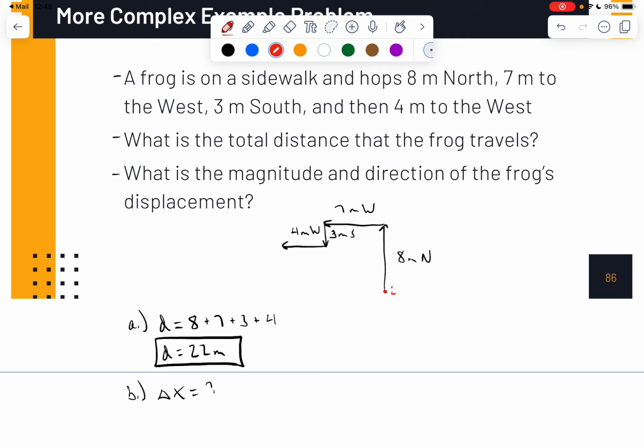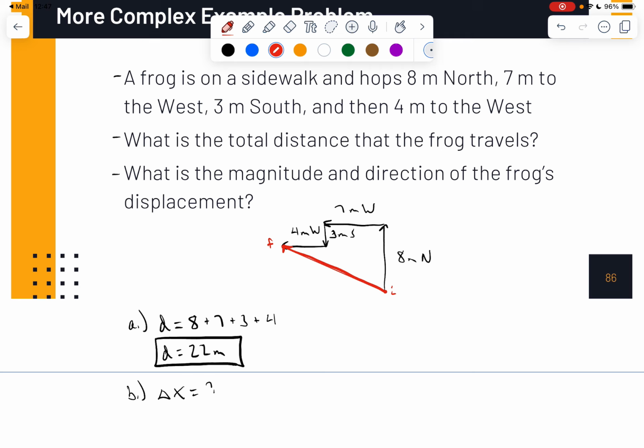And our displacement is going to be the straight line that connects us from our very first starting point all the way over to our very last endpoint, where we end up after those 4 meters going west. This arrow represents our displacement vector, and it's a diagonal line.